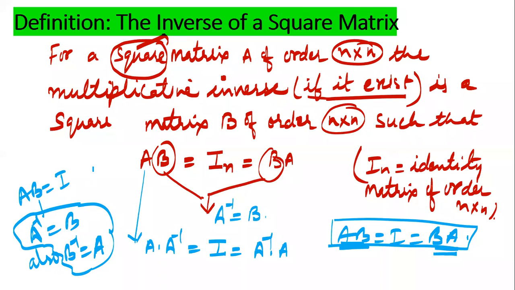As I told you, the inverse is possible only for a square matrix. Why is this so? If we take a rectangular matrix, then what will happen?